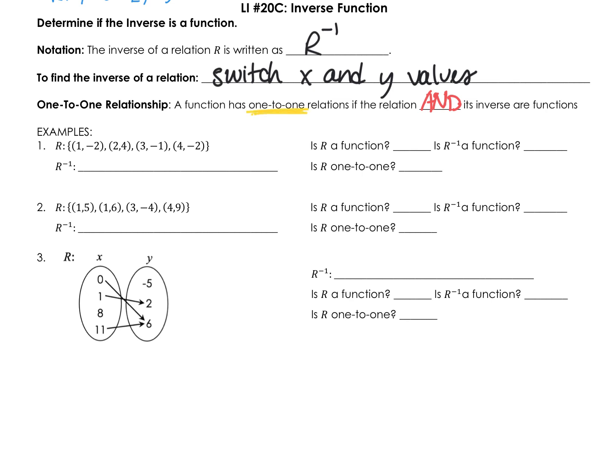Here's how I'm going to explain this. One-to-one means that it has only one path forward. Each X has to go to only one Y. Only one path forward and only one path back.